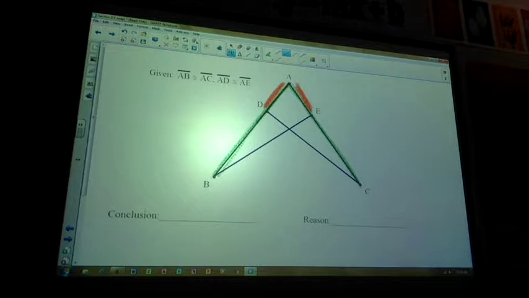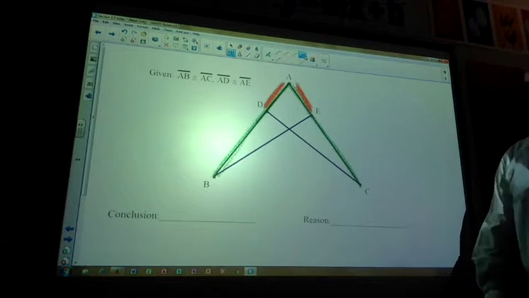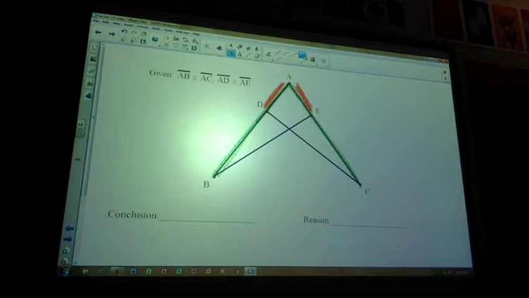Is there anything that we can conclude about this without writing anything down yet? Would DC be congruent to EB? I don't have enough information to say that. Could you say that BD is equal to CE? Ooh, BD is equal to CE or congruent to CE.